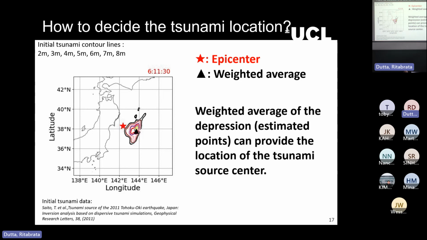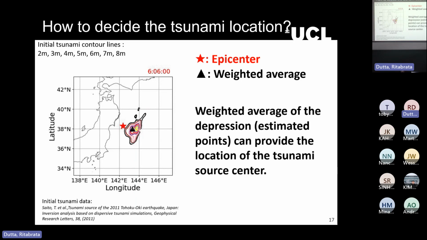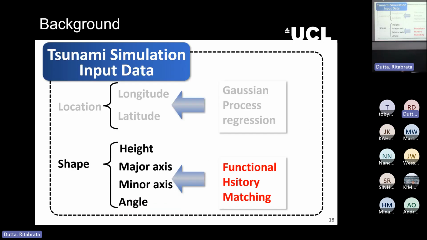So using satellite data and Gaussian process regression, we can estimate the tsunami source location, latitude and longitude, by the weighted average of the estimated depression. So using data science methods, it's possible to estimate input parameters of the tsunami about location. But the problem is the shape, height, and so on.